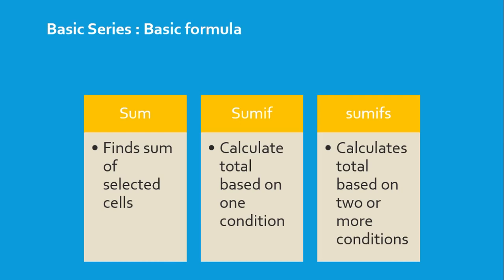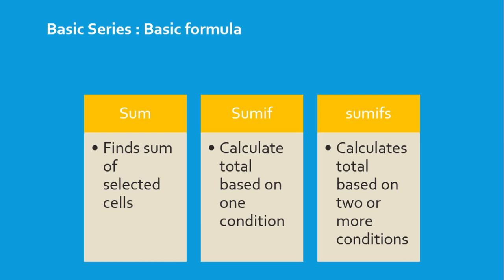The second one is sumif. Sumif is somewhat more advanced than the sum function. It supports sum based on a condition. So it performs the calculation based on one particular condition. Suppose there are 20 or 25 transactions.